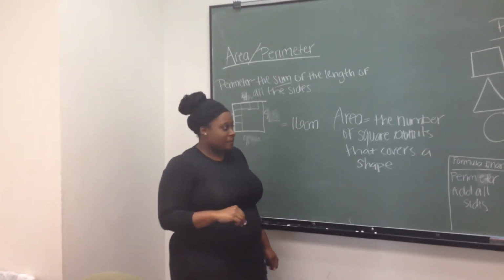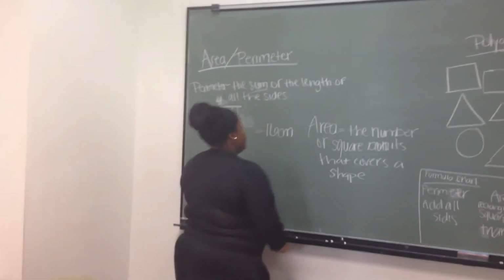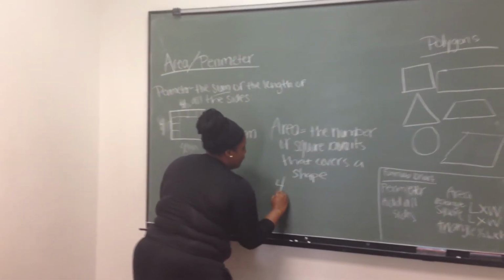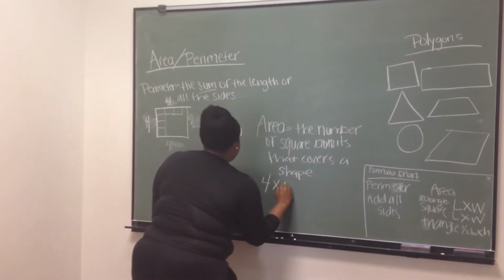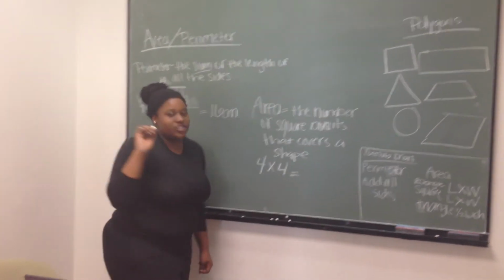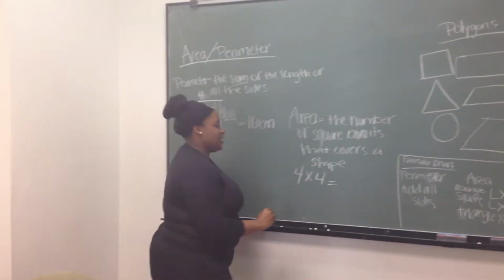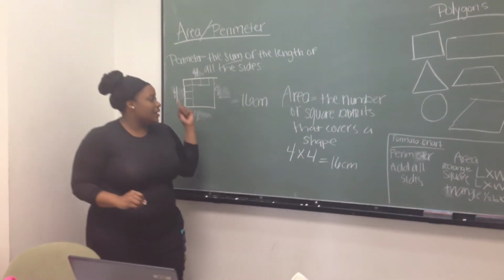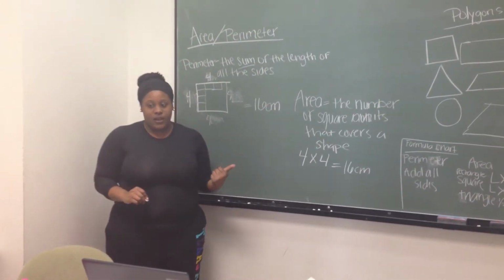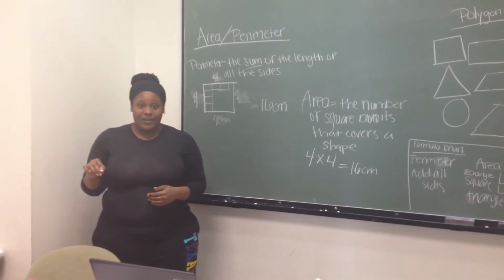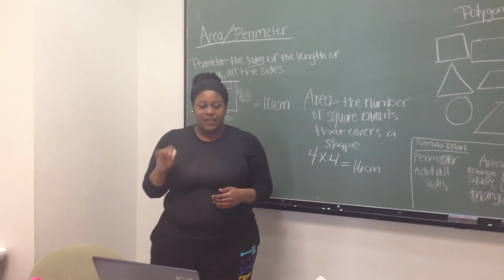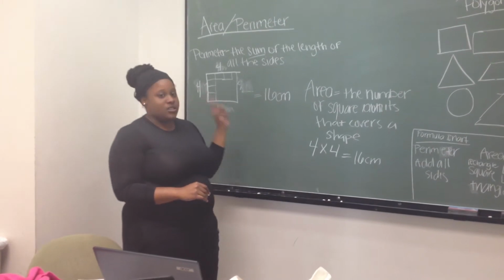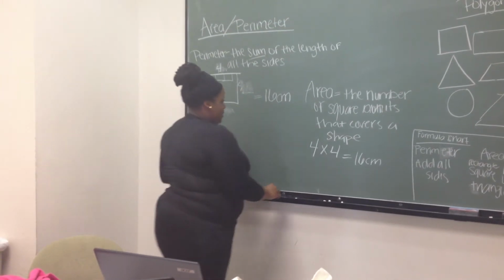Brittany? Multiplication. So therefore we multiply 4 times 4. And what do we get here, Jasmine? 16. Now you may notice that both perimeter and area are the same for the square. Do not get in the habit of thinking that's going to be the same every time. It only happens because a square has equal sides.